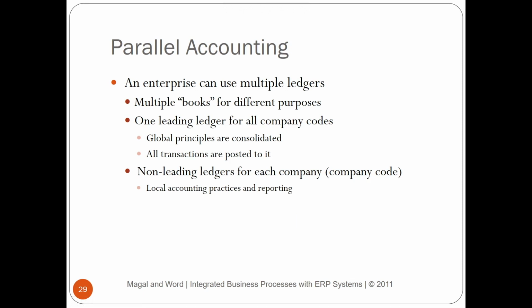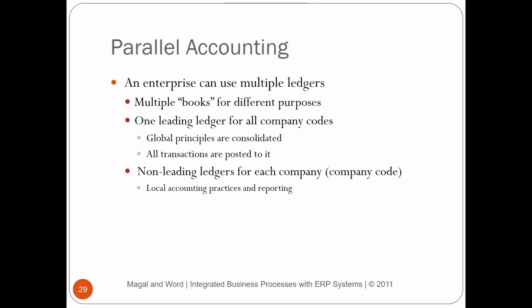For parallel accounting, as we know, a general ledger is based on the operating chart of accounts. So an organization can implement multiple ledgers in parallel and use each ledger for different purposes. This practice is called parallel accounting.